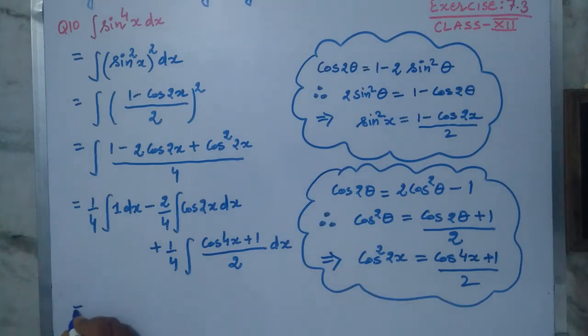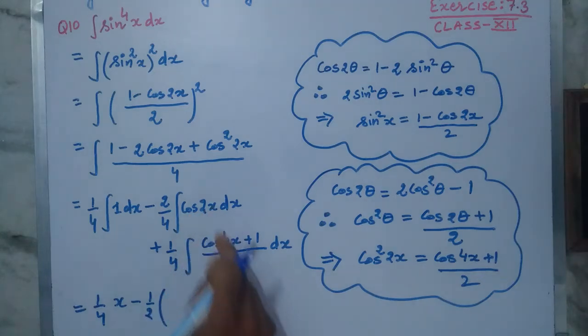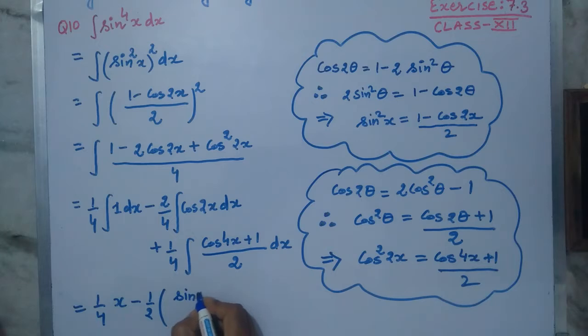The integration of 1 is 1 upon 4 into x. Next is minus 1 upon 2. Integration of cos 2x is sine of 2x divided by the derivative of 2x, which is 2. Further 1 upon 4 into 2 becomes 1 upon 8.